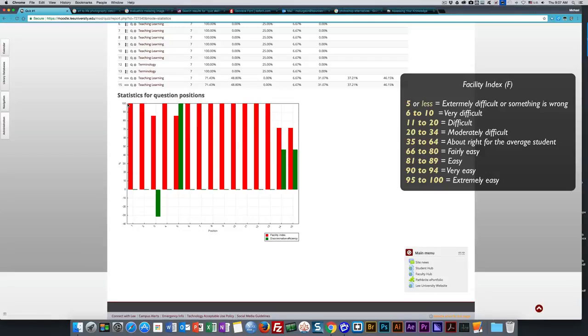So if you have a class of 50 students and the majority of them are hitting a question within the range of 35 to 65, you say, okay, well, that was a good question for this class and where they are on the content that's being covered in class.